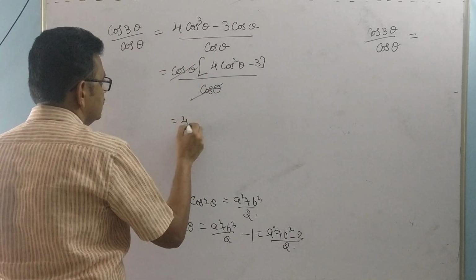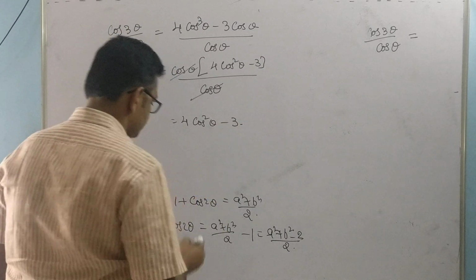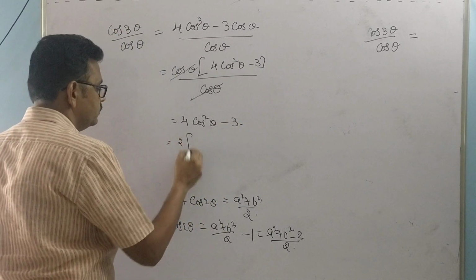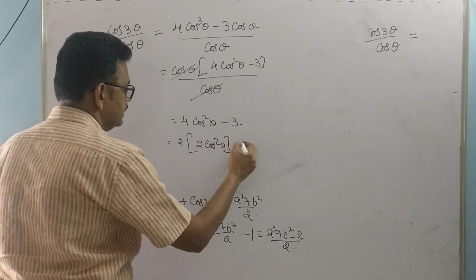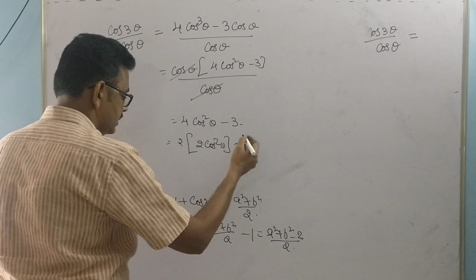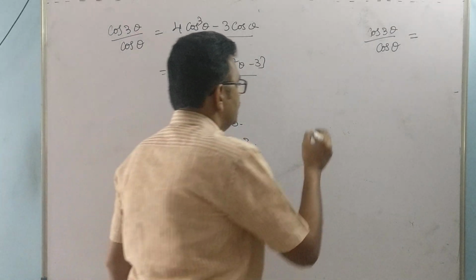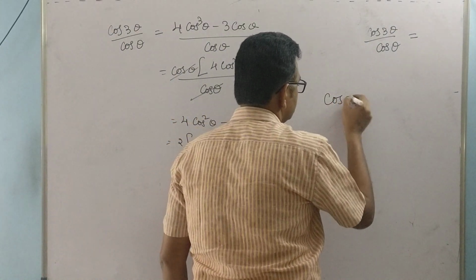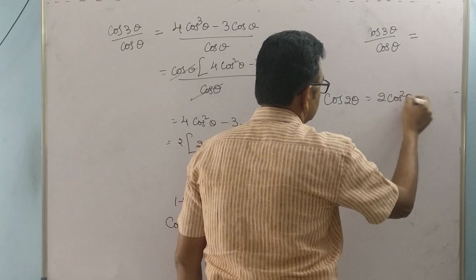That is equal to 4 cos square theta minus 3, which is 2 times 2 cos square theta minus 3. The cos 2 theta formula is 2 cos square theta minus 1.